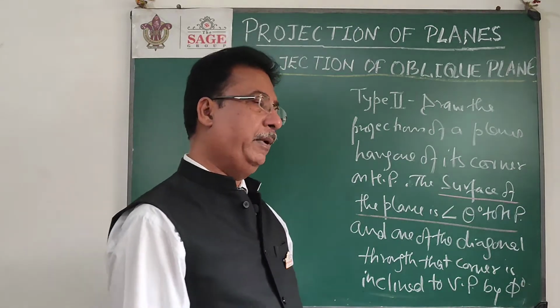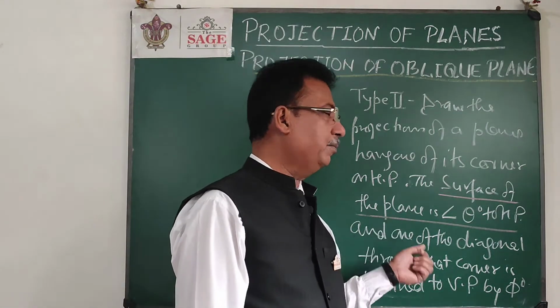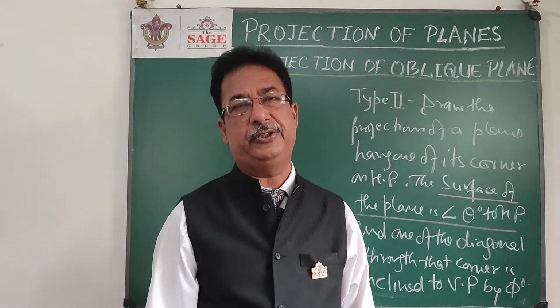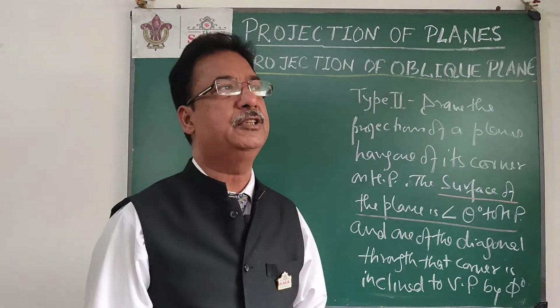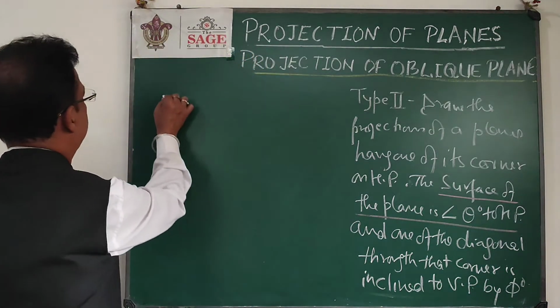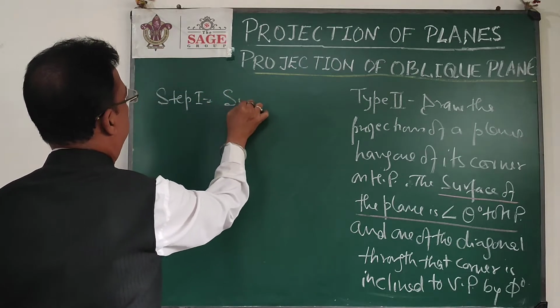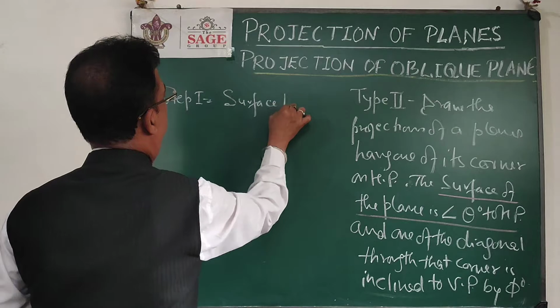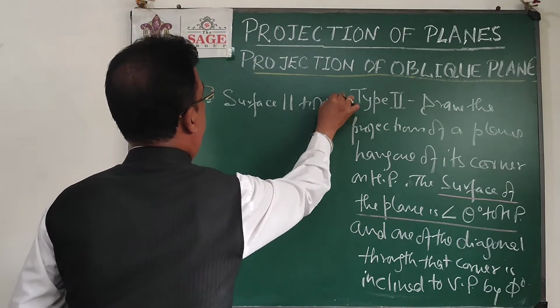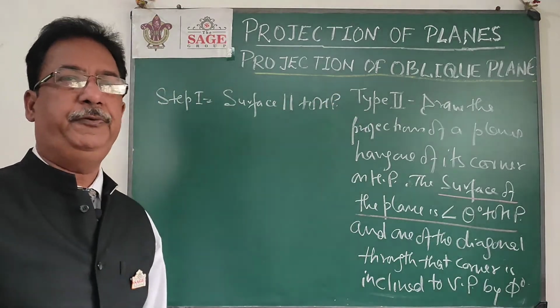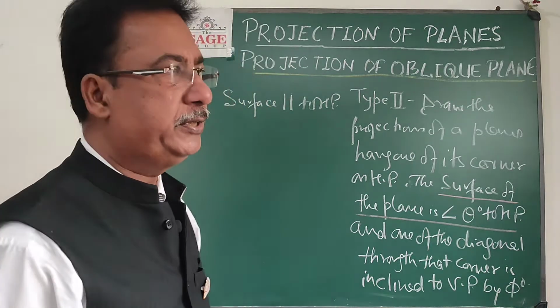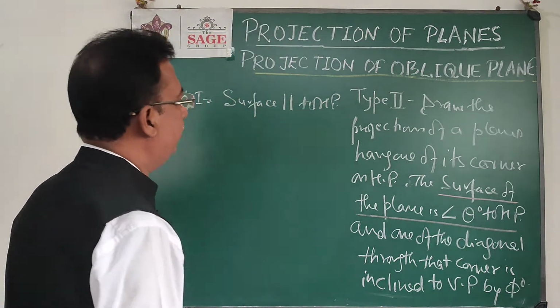As you remember, whenever the surface of the plane is inclined to HP, in the initial position we suppose the surface is parallel to HP. So my step 1 for this problem will be surface parallel to HP. If the surface is parallel to HP, we know its top view will show its true shape, so I should begin with the top view.